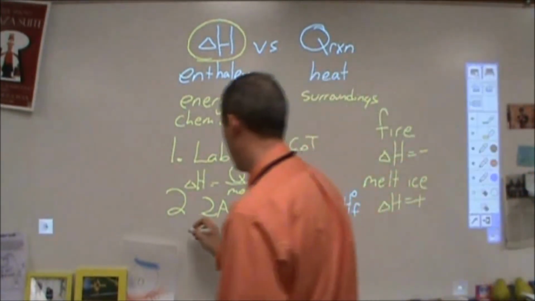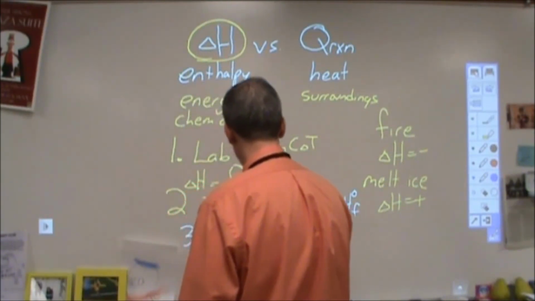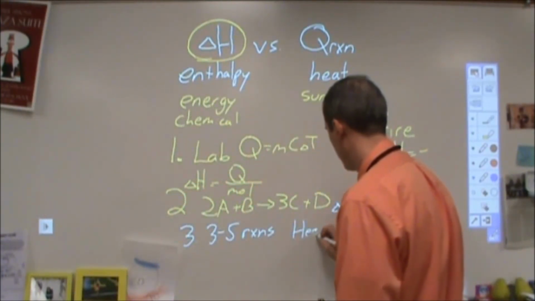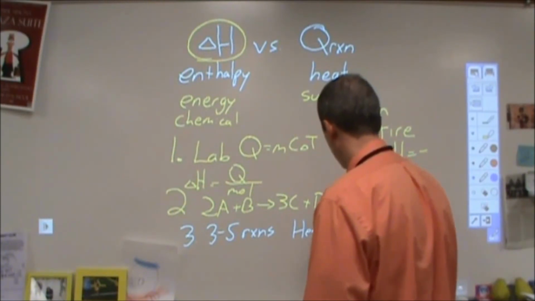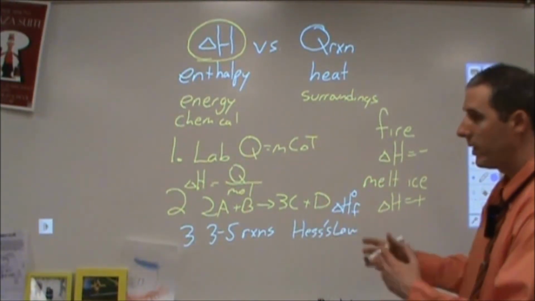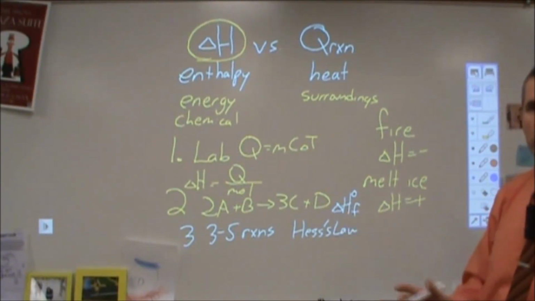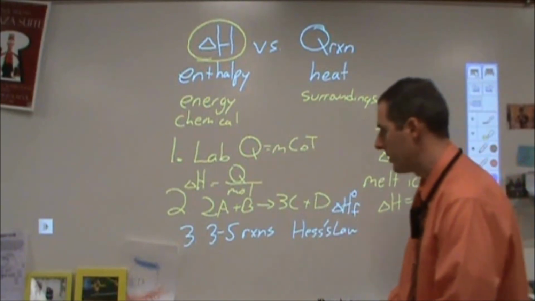If you're given a set of reactions, like 3 to 5 reactions, then you're looking at a Hess's law. Now you're looking at a situation where you're going to have one that you don't know the enthalpy for and the others you do. And you're going to have to piece together the ones you do to form the one that you don't, and then add up the enthalpies.